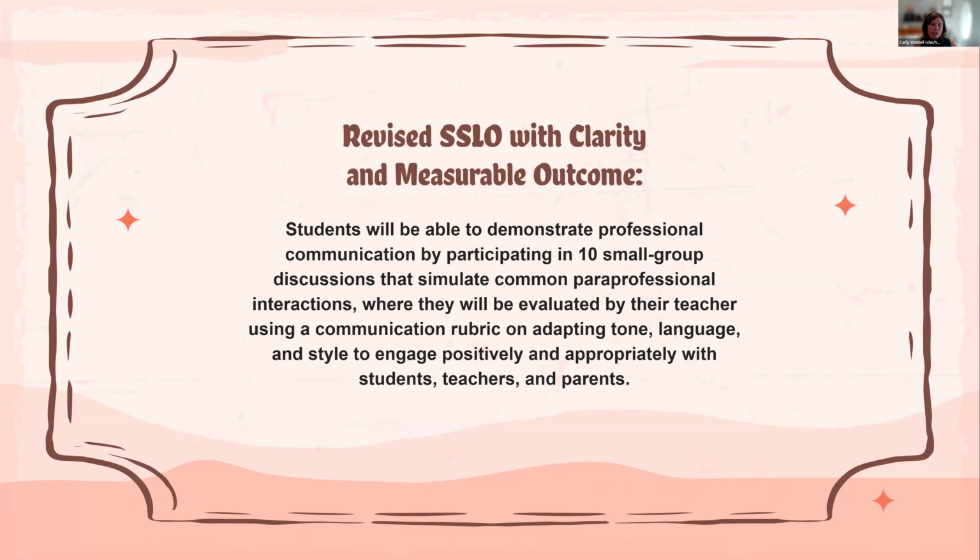So now it's students will be able to demonstrate professional communication by participating in 10 small group discussions that simulate common paraprofessional interactions where they will be evaluated by their teacher using a communication rubric on adapting tone, language, and style to engage positively and appropriately with students, teachers, and parents.